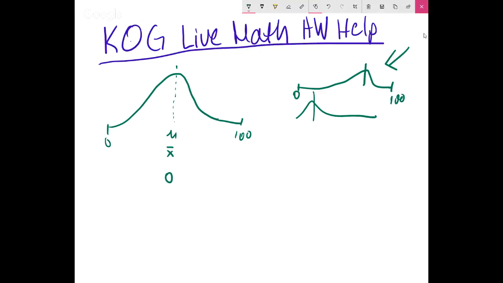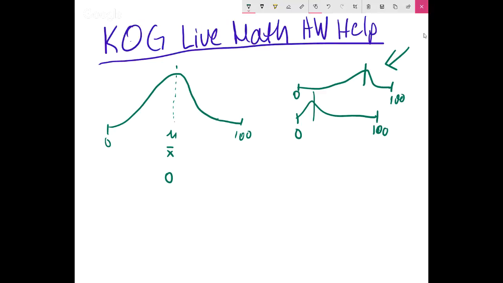Okay, so based on the first normal distribution curve, it looks like most of the students got a higher amount of the questions right than this normal distribution curve, where they got a small amount of the questions right.